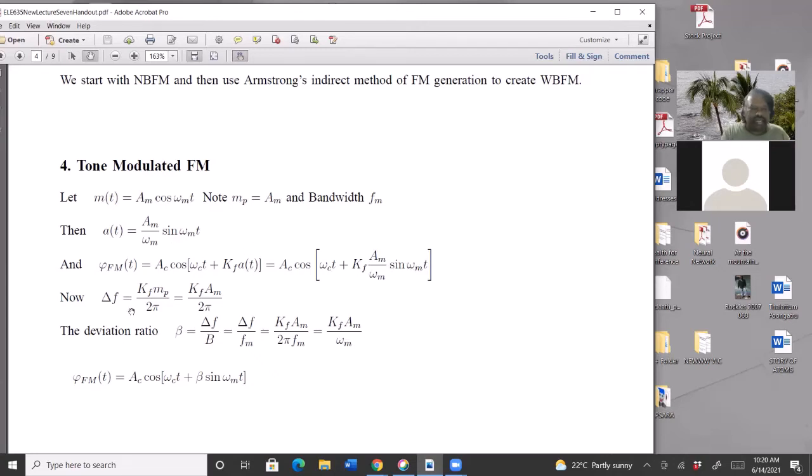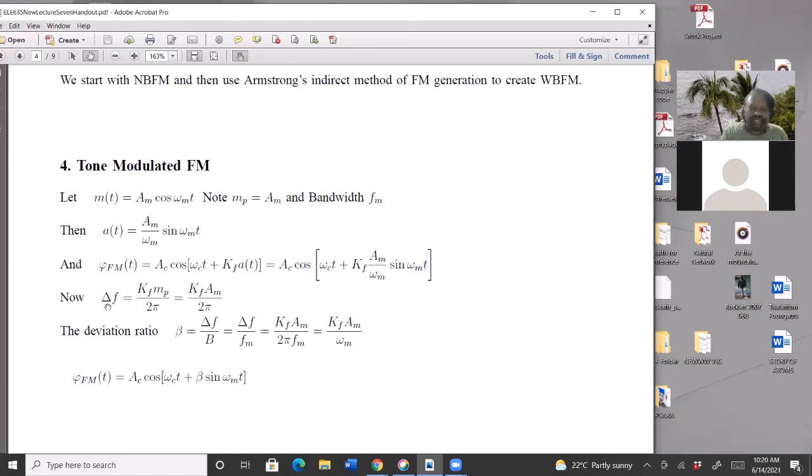At this point, I remember the deviation ratio, in this case the formula is k sub f m peak over 2 pi. We did this last time, deviation ratio. Now, in this case, peak value is A sub m, so I put that, and then at this point I write beta deviation.